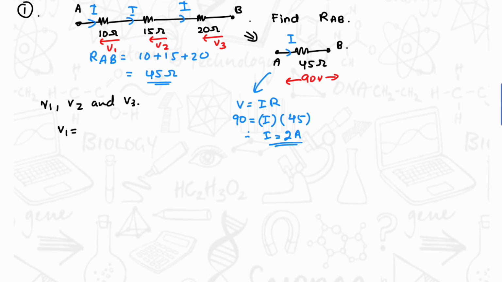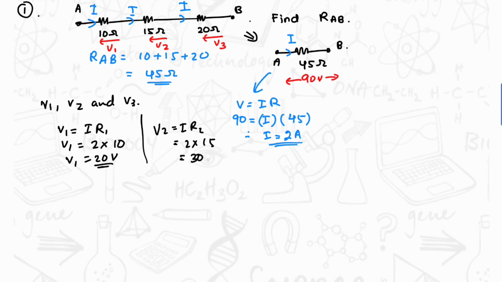So we can find V1 by using V1 is equal to I R1. V1 will be 2 times R1, which is 10 ohms, that is 20 volts. And we can find V2 in the same manner, 2 into 15, which is 30 volts.